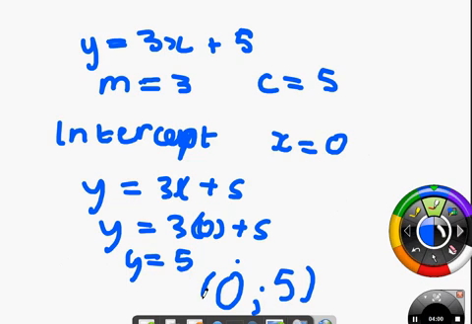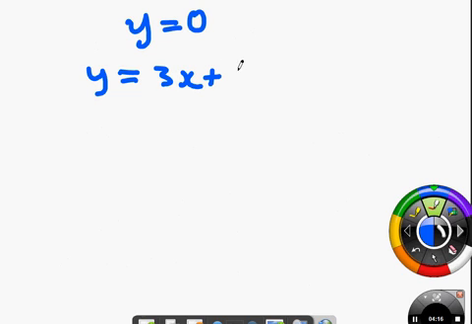We'll come back to that a bit. Now let's look at the other intercept. The other intercept is when y is equal to 0. So when y is equal to 0, remember our equation, y is equal to 3x plus 5, you're going to make y 0, so 0 is equal to 3x plus 5.